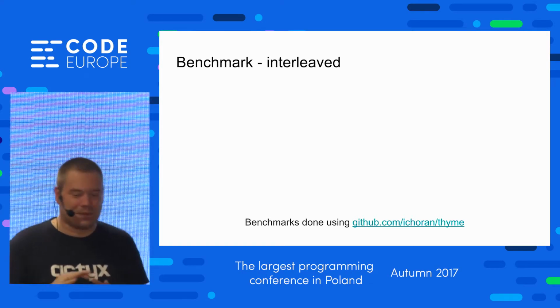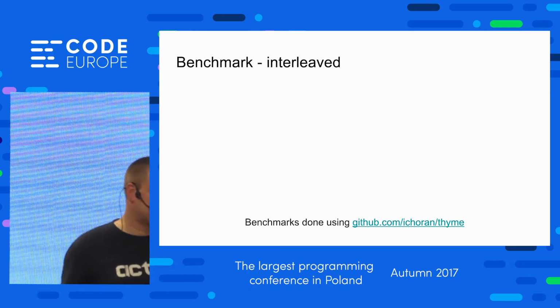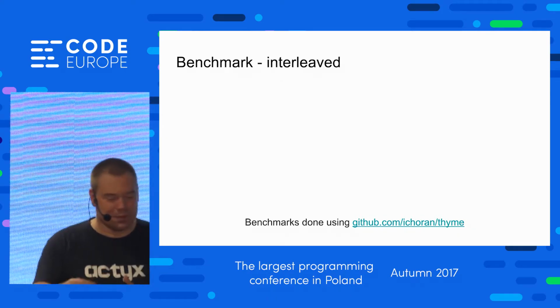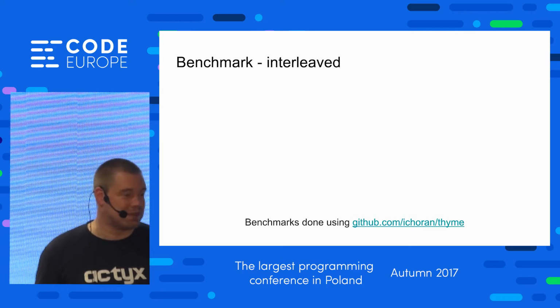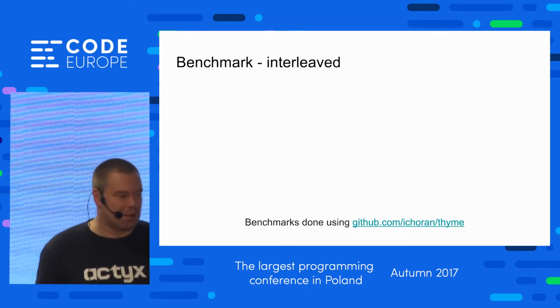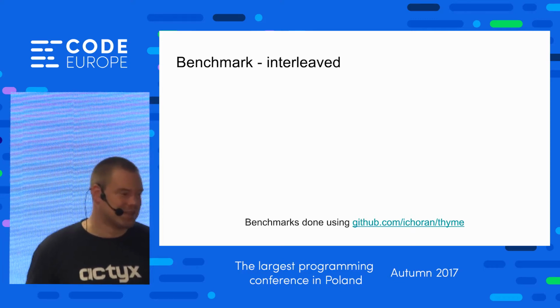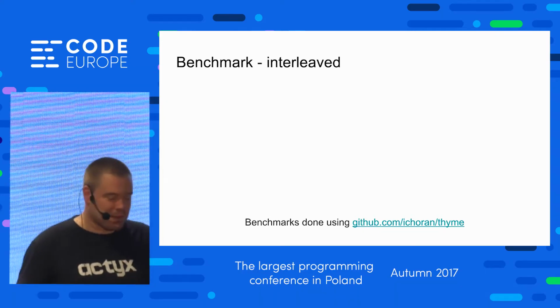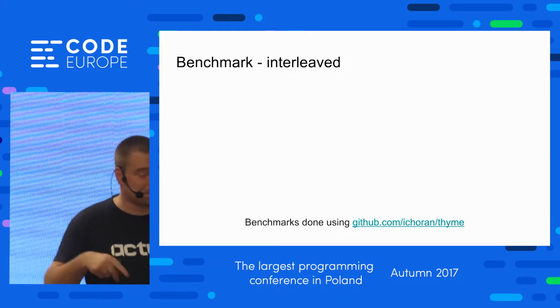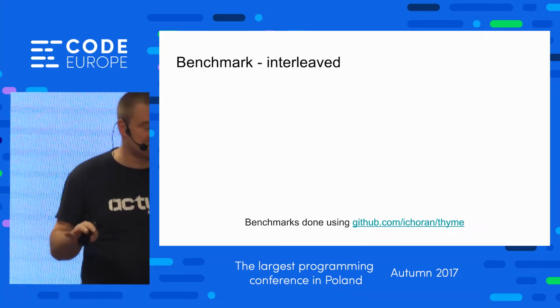JMH is so great regarding accuracy, but if you want to iterate, it just doesn't work. And this thing is almost as accurate as JMH, but way faster. I'm pretty certain that if you would put it in JMH, you would get pretty much the same values.